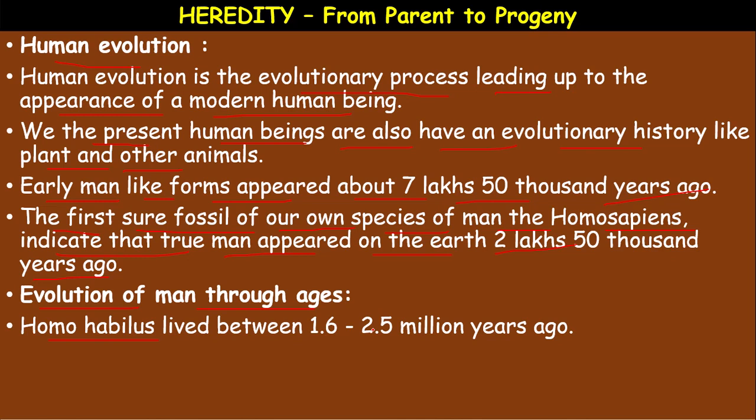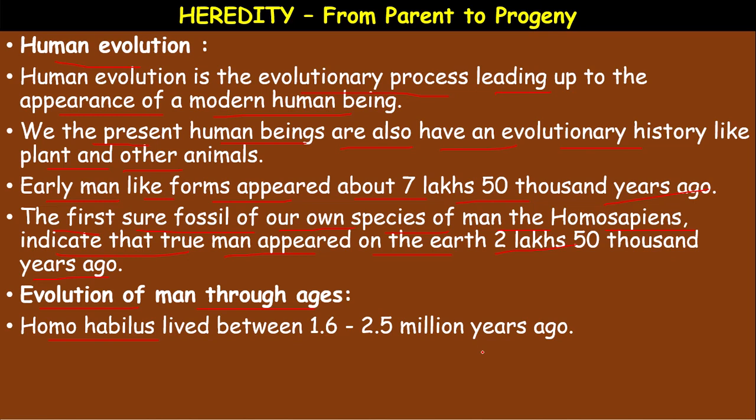Now, Homo habilis. This Homo habilis lived between 1.6 to 2.5 million years, or simply 2 million years ago. They are from the Pleistocene age. The cranial capacity is 700 cubic centimeters.